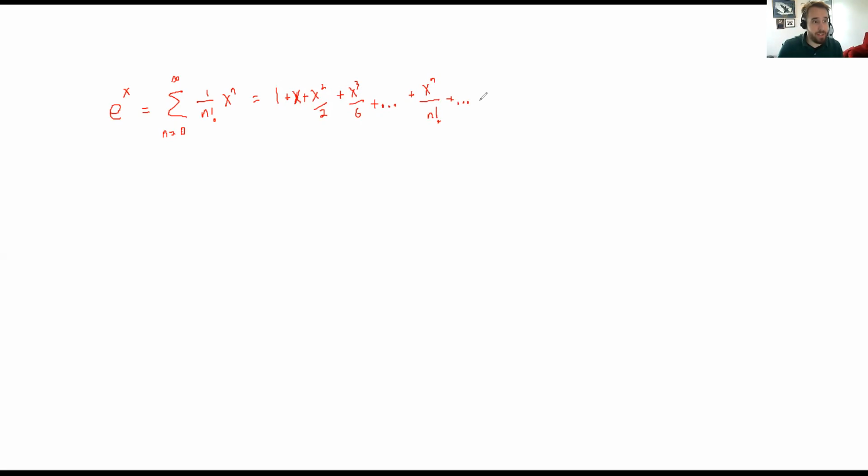But what I mentioned out loud and did not explicitly prove is that the radius of convergence is equal to infinity in this case, which means that this Maclaurin series is actually a way to express the function e to the x, and that works for any x value.